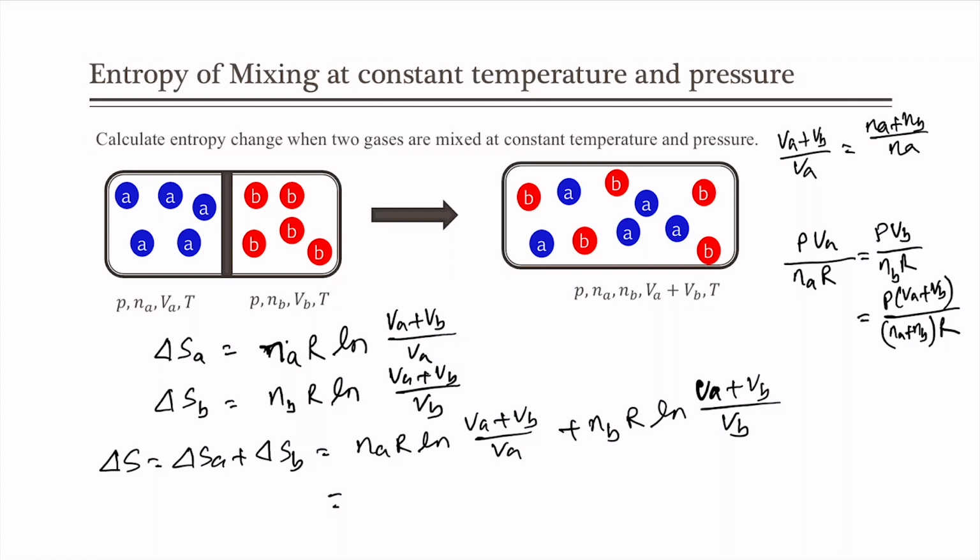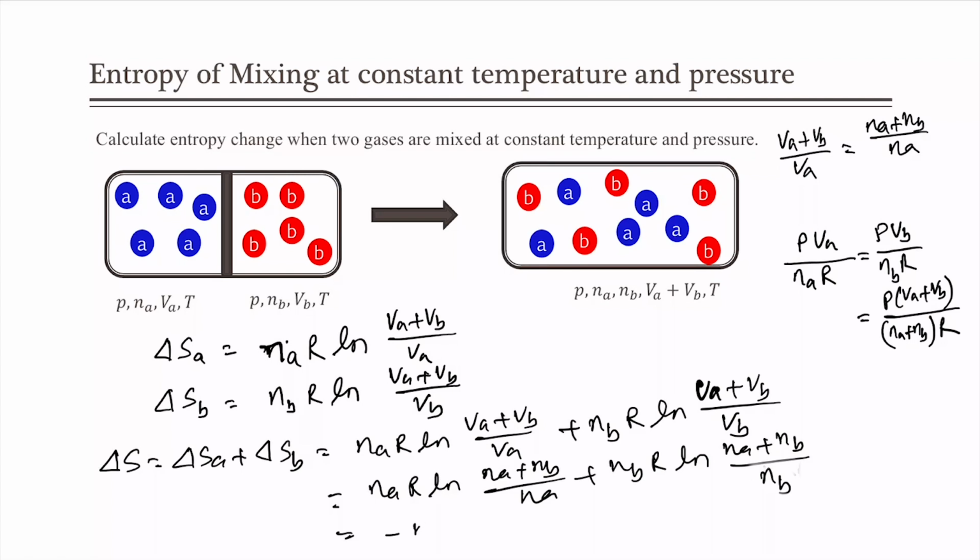So we can write n_A R ln((n_A + n_B)/n_A) + n_B R ln((n_A + n_B)/n_B). Now, since it is a logarithm, we can take the minus sign: minus n_A R ln(n_A/(n_A + n_B)), which is nothing but the mole fraction, let us call it X_A, plus again minus n_B R ln X_B, in the same manner.